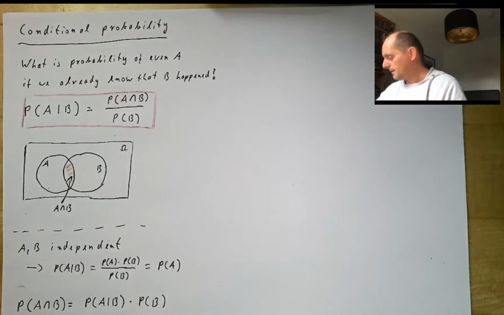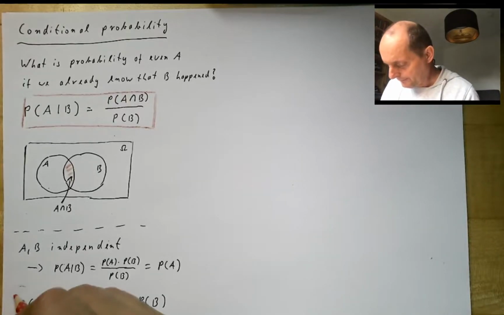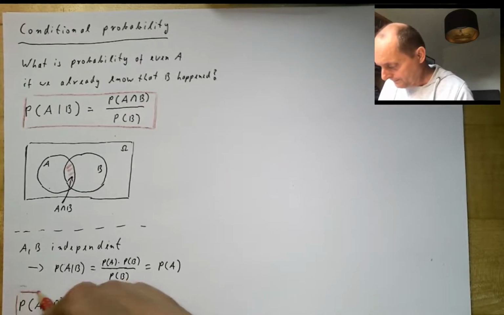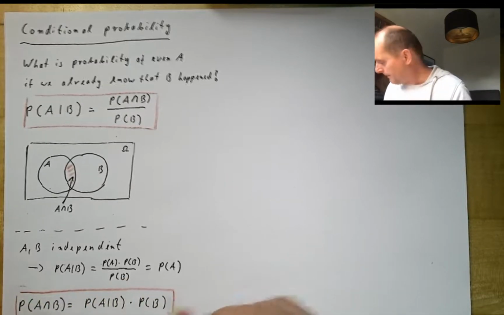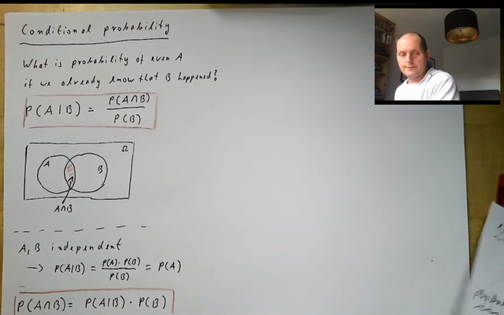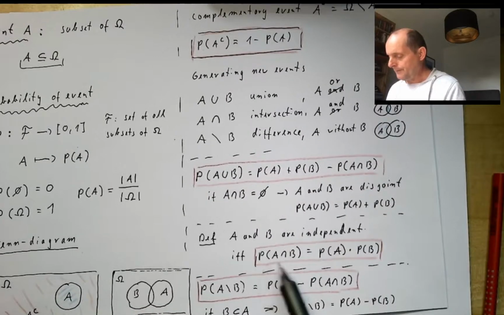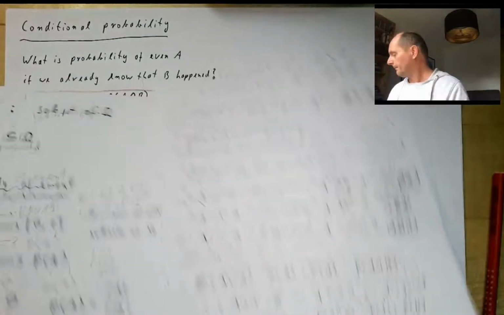And so now we also have a rule to calculate the probability of intersections, and this really complements our 4 rules from the last video. Now we have something really useful to calculate the probability of an intersection.